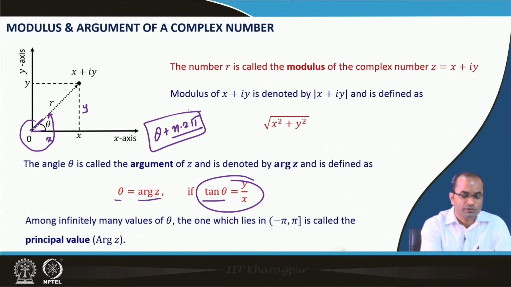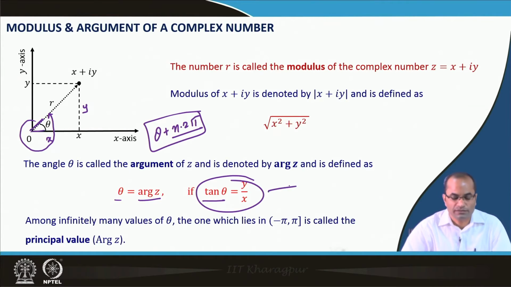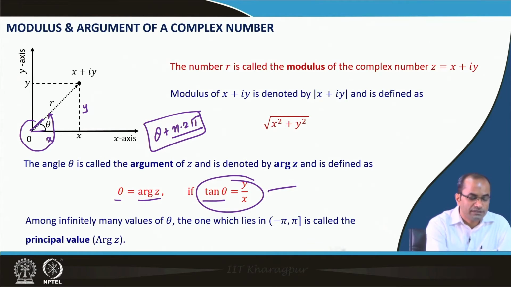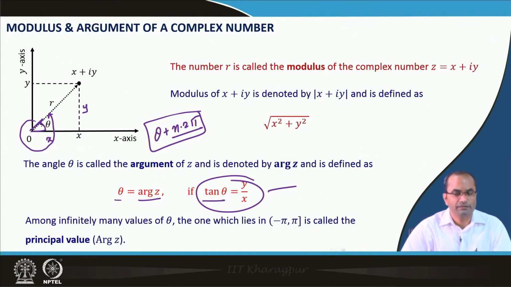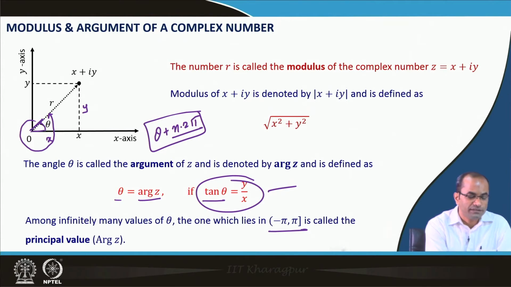That will also satisfy tan theta equal to y by x, representing the same angle with this rotation. So, there are infinitely many such values of theta, but we will just choose between minus pi and pi.